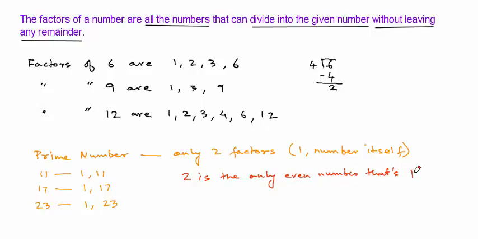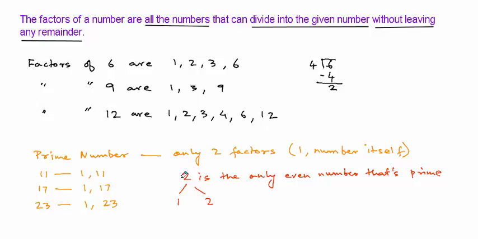And the reason for that lies in the definition of prime numbers. I said a number that has got only 2 factors, 1 and itself. Now if you think about the factors of 2, 2 has got only 2 factors, 1 and 2. So it's pretty much 1 and itself, and therefore 2 qualifies as a prime number.